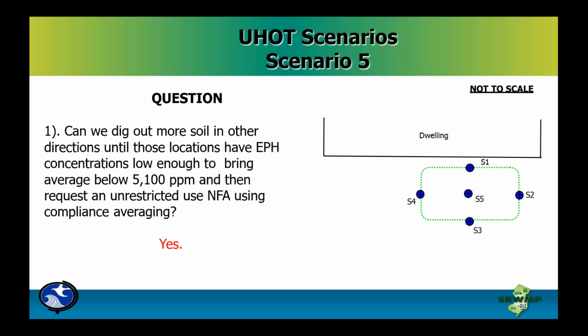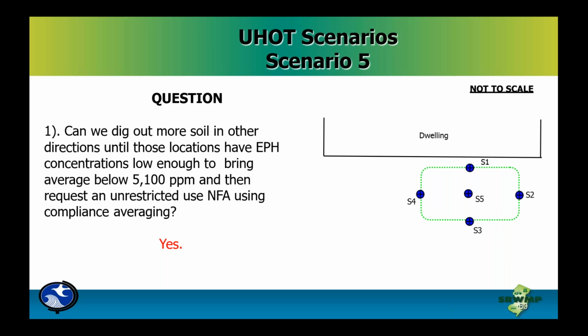But it was proposed to us that you're going to actually remove more soil and reuse those post-excavation sample results. We're going to get to another one there with Greg on one of the other slides too. So if we can get other soil out to get us under that 5,100, as long as we then delineate anything that's above 5,100 and we have that properly delineated, we can use the regular arithmetic mean compliance averaging on something like this.